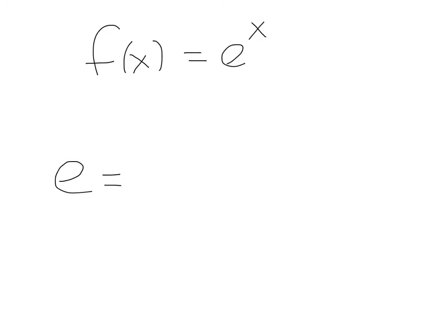But in order for me to tell you all about the number e, I have to tell you two things about Andrew Jackson. If you want to know what e as a number is, you have to know two things about Andrew Jackson.